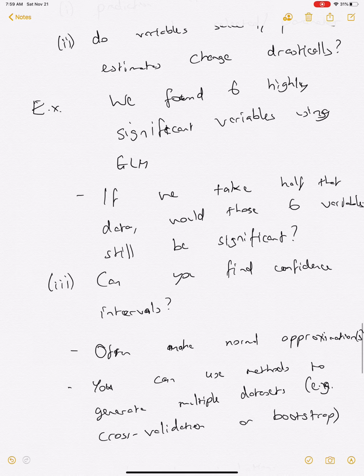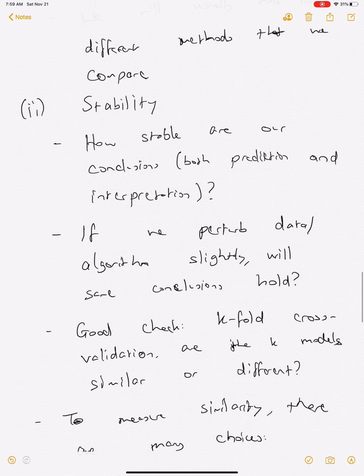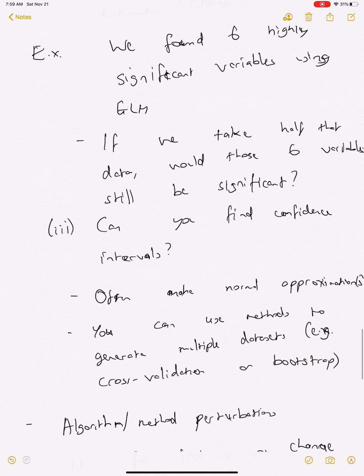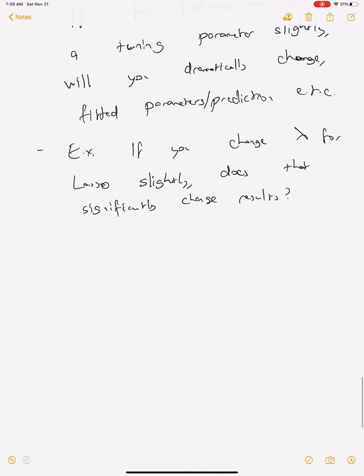And then the final, sorry for this numbering, the final type of validation is domain or scientific knowledge. And this is often hard.